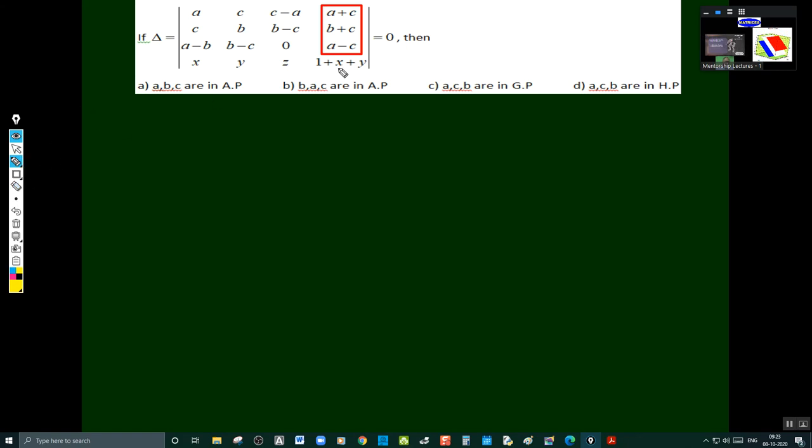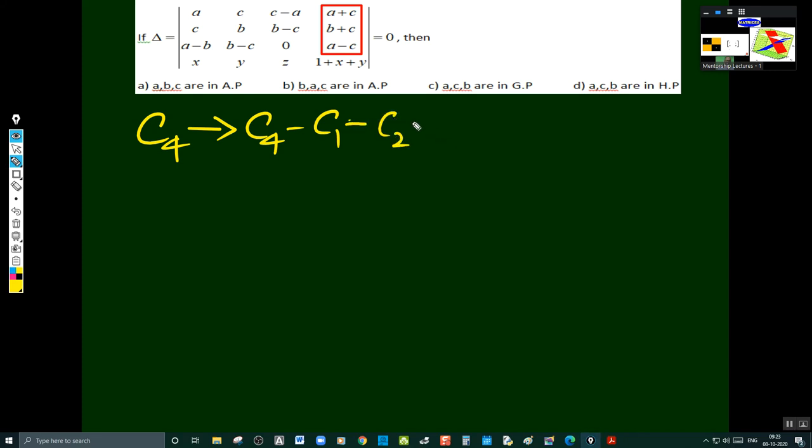And finally, here also you will get X plus Y getting cancelled. So, what is the operation to be written here? It is what I'm writing: C4 changes to C4 minus C1 minus C2. Okay. Let us do that.